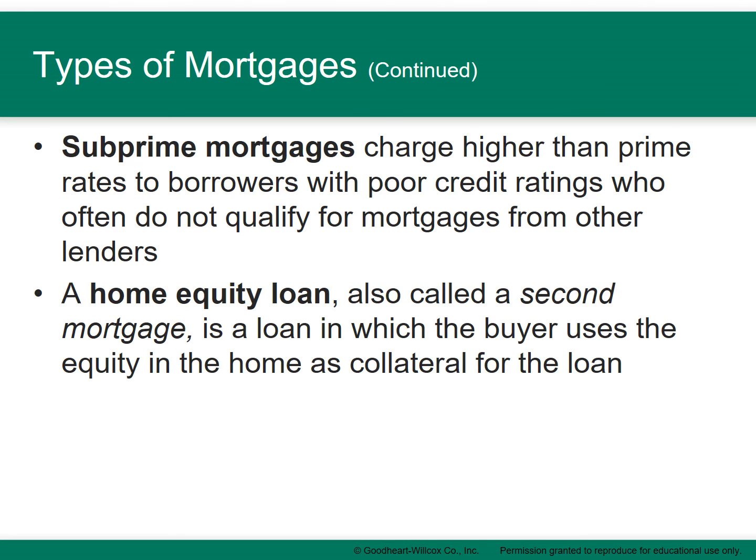And then next we have what's called the home equity loan, also called the second mortgage, which is a loan in which the buyer uses the equity from the home as collateral for the loan. As you pay on your home, you develop what's called equity in the home. The best way I can word it is to think about your house as a giant savings account.